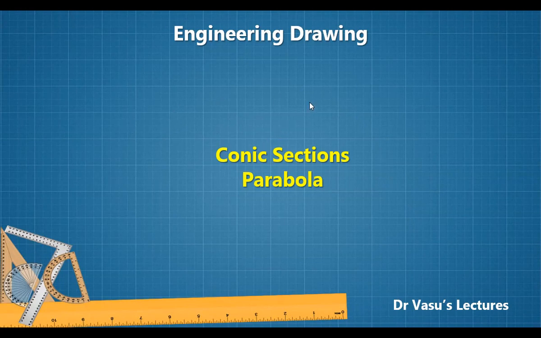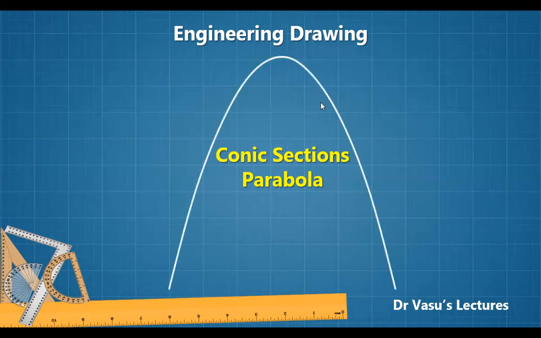Now, let's see the construction of a parabola by other methods. Here, we want to see the construction of a parabola by the rectangle method. A parabola is a curve obtained when you throw a stone at some angle and it falls on the ground at a distance.